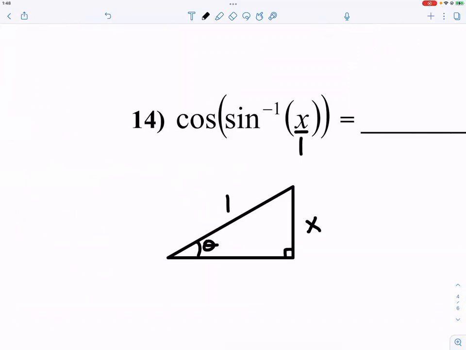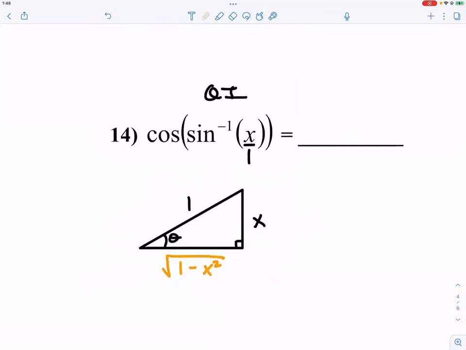And this is positive, so it's in quadrant 1, so you don't have to worry about the sign. So you can work out the adjacent side, and the adjacent side will be the square root of 1 minus x squared. So cosine of this angle would be square root of 1 minus x squared over 1, or you can just write down square root of 1 minus x squared.